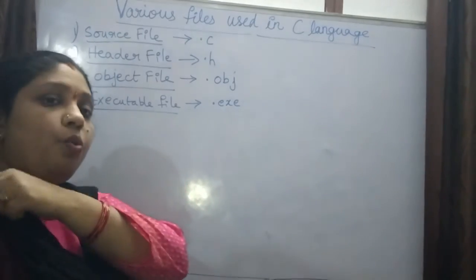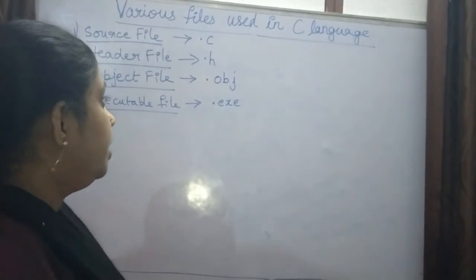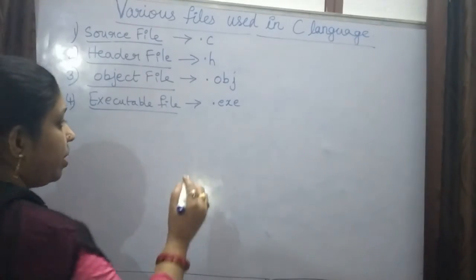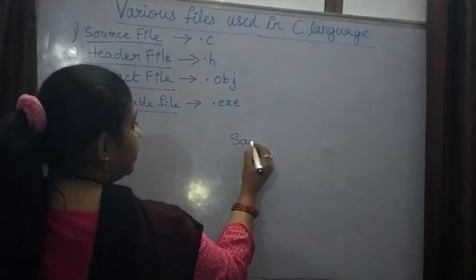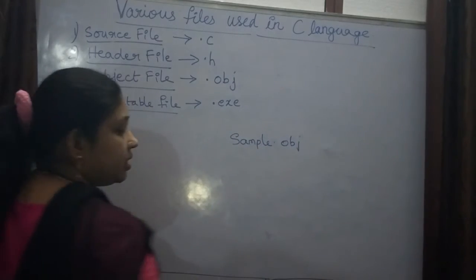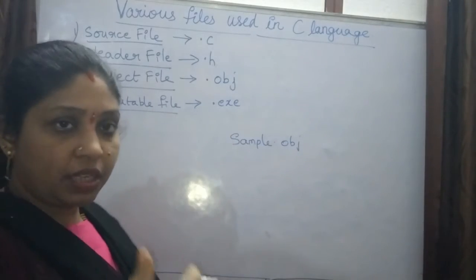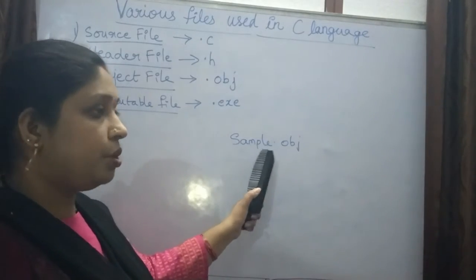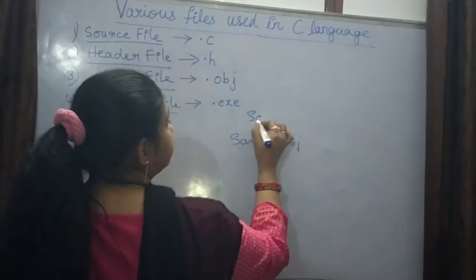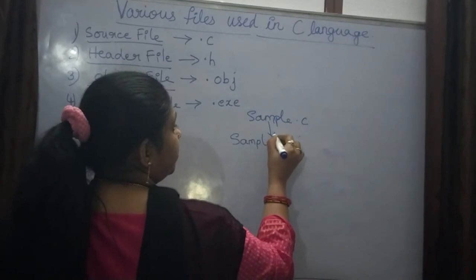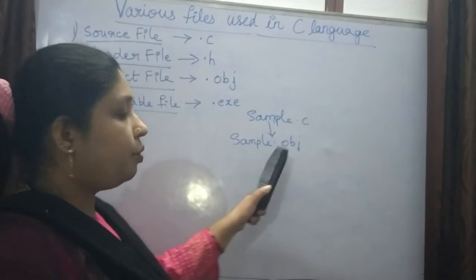Now how does it come out? Just now we discussed the object file. Think of sample.obj as the file which has come from the source code: the sample.c program is converted to sample.obj.